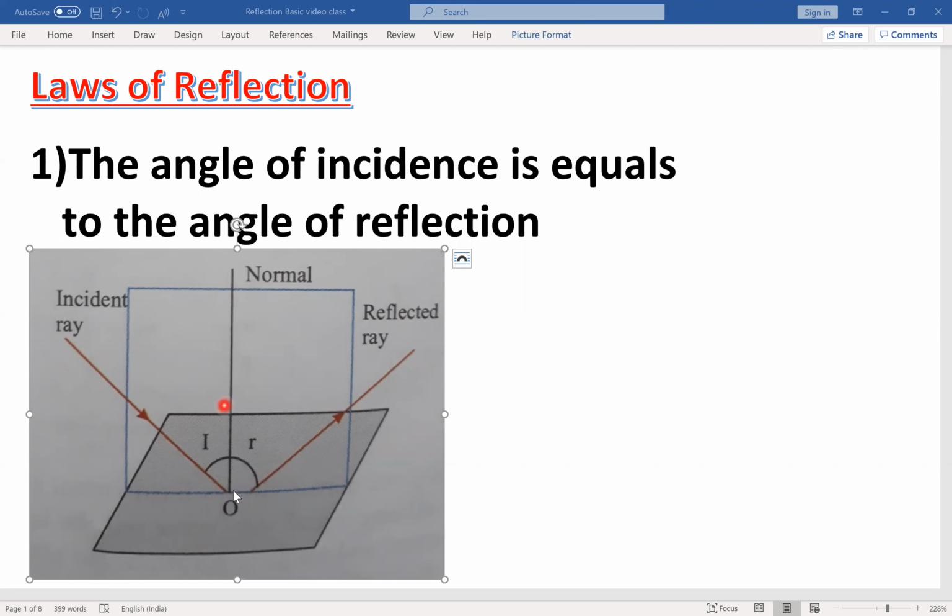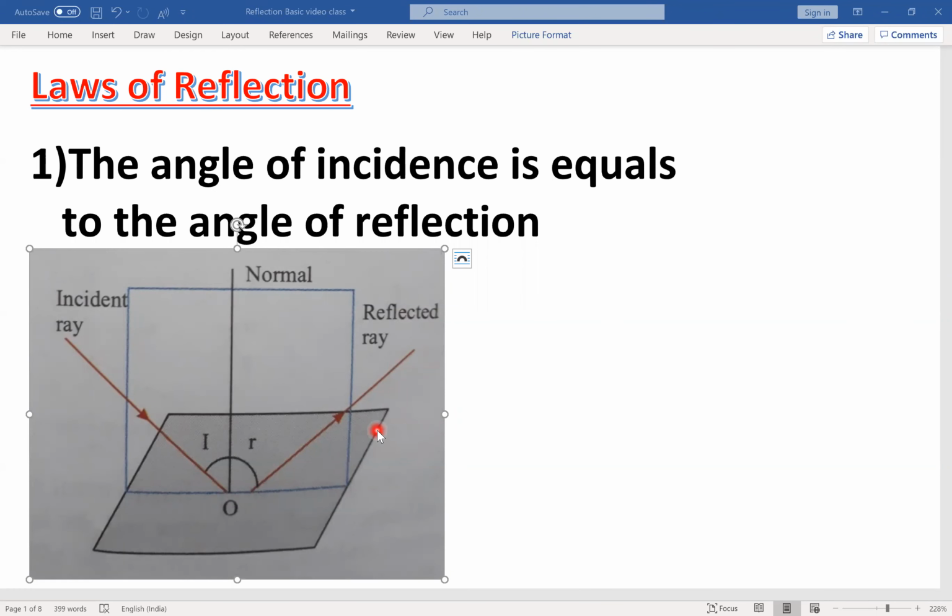This is the normal drawn to the surface of reflection at the point of incidence. Then this R is the angle of reflection, which is the angle between the reflected ray and the normal drawn at the point of incidence.